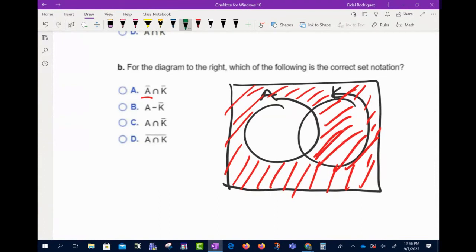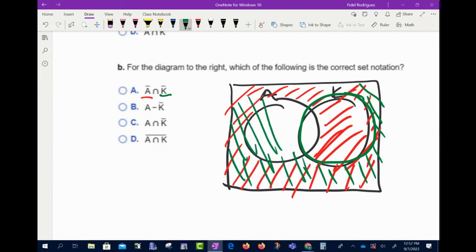Now, the second thing I want to look at is, what would K complement look like? Well, K complement would say I want to take everything outside of that circle. So if I were to do everything outside of that circle, this is what we would be left with, okay?